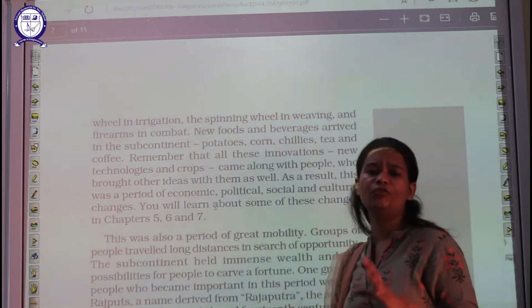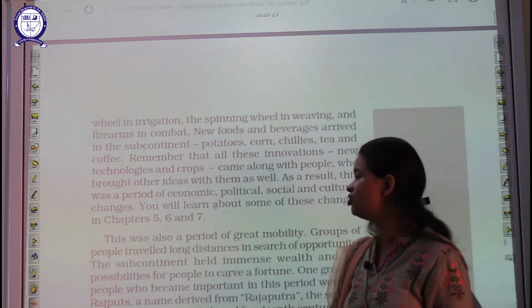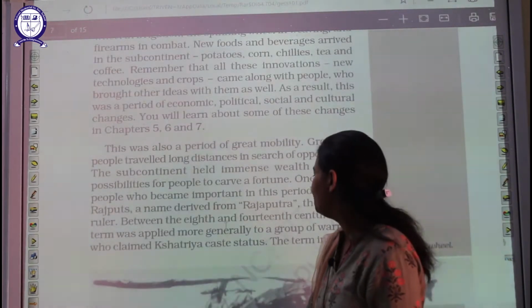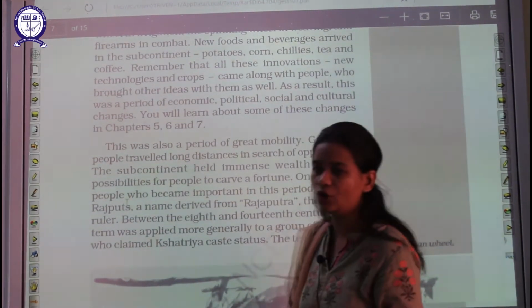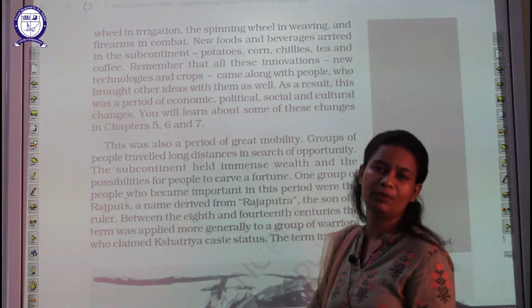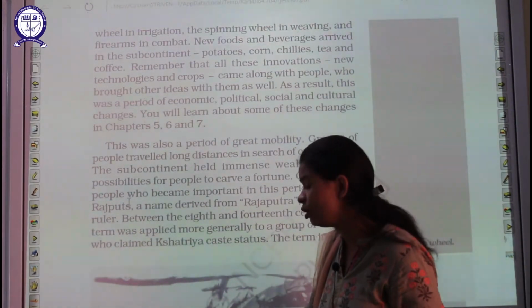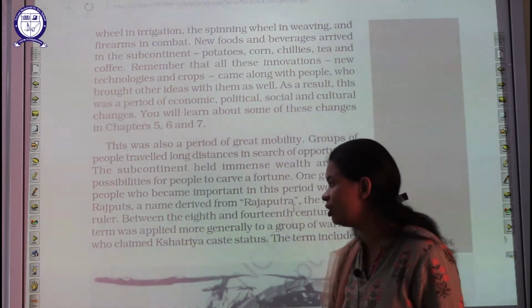This is how we can say that there was a clear change in the economic, political and social life of people arising in that era. Now, if we talk about the special categories of people present at this time, one special group is the Rajputras or Rajputs.